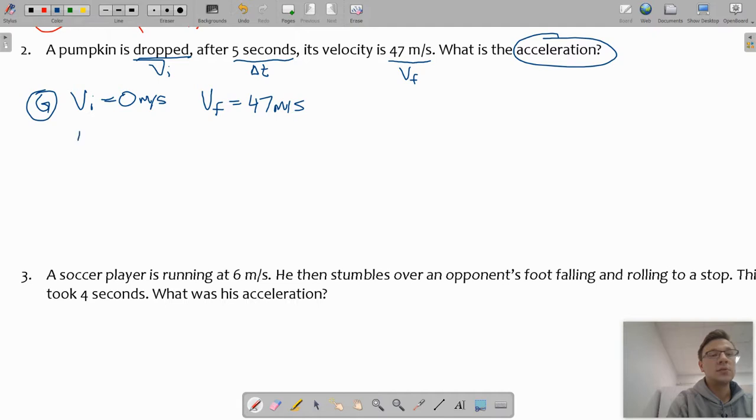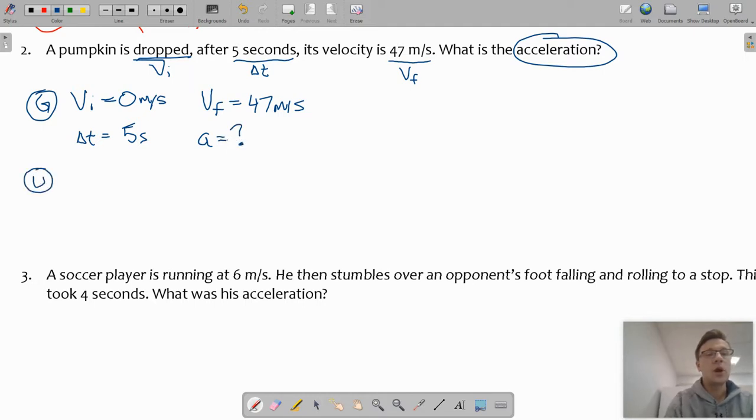The time interval, delta t, which is just the final time minus the initial time. The initial time is always going to be 0, so 5 seconds minus 0 would be 5 seconds. And then we're solving for the acceleration. Okay.